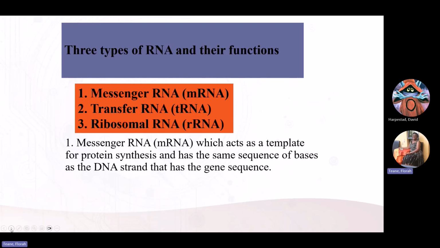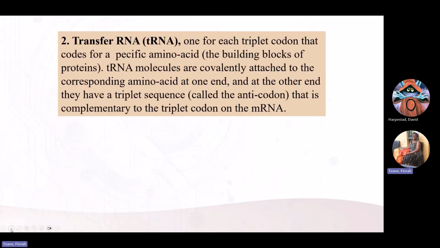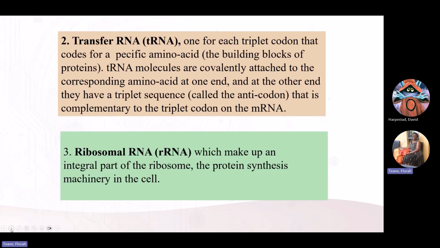The messenger RNA, you will learn more about as we tackle the section on protein synthesis. For now, let's skip this. And also the transfer RNA is another form of RNA. For now, let's skip this. We'll come back to the role of each of these RNAs. This is the ribosomal RNA.